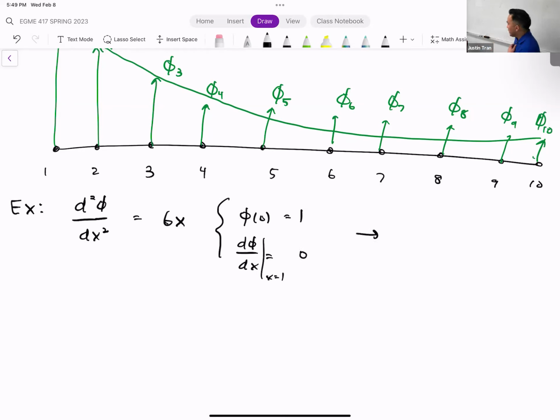What we want to do is take this equation and solve it via finite differences, and we're going to do that on a grid of 6 points.